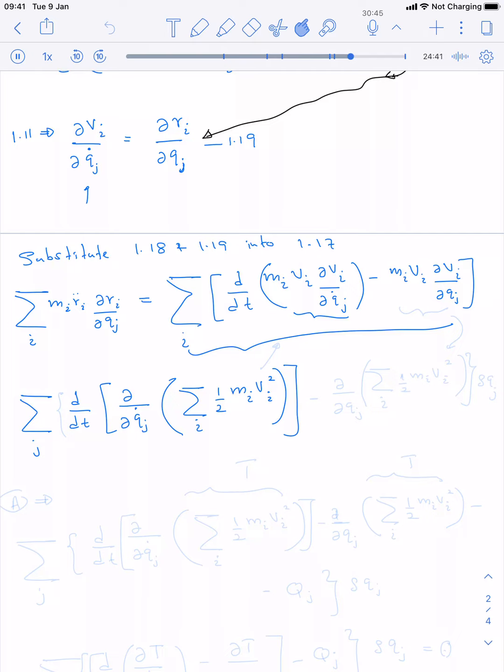Right, so if you differentiate with respect to qj dot, you get mi vi, and then you differentiate vi with respect to qj dot, so you get this answer right here. So it's the same.